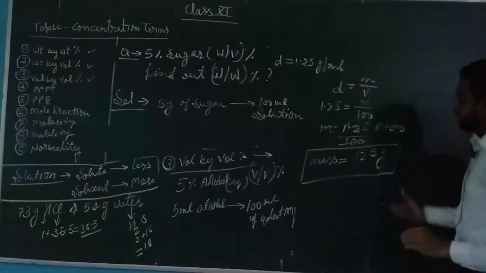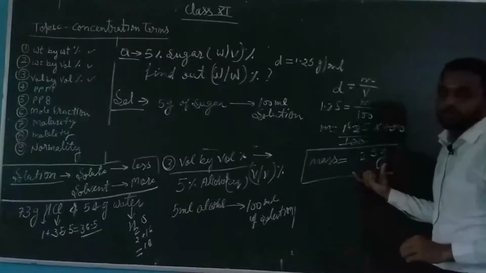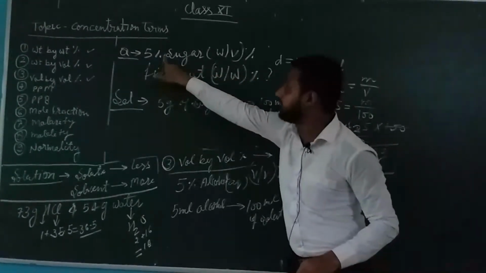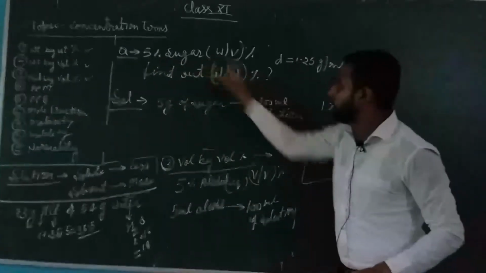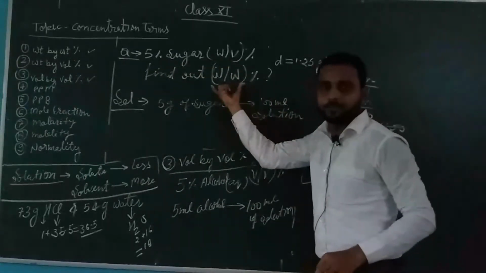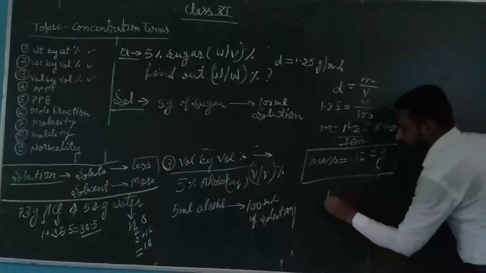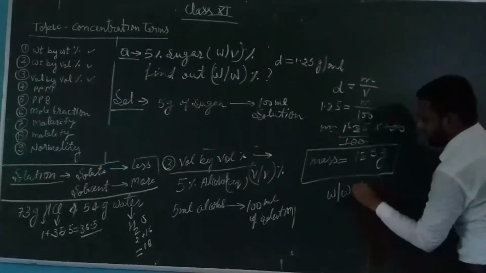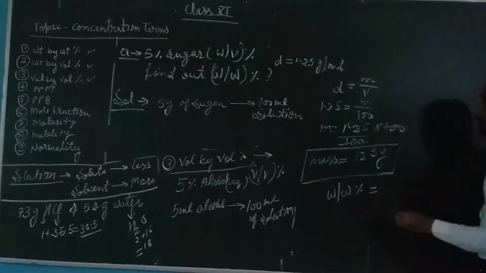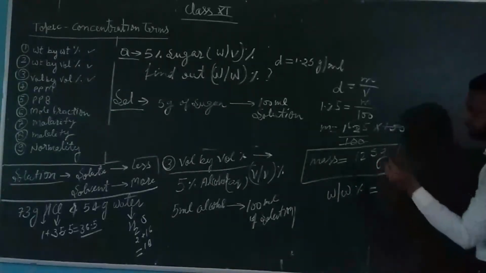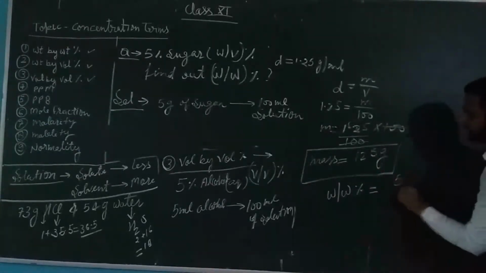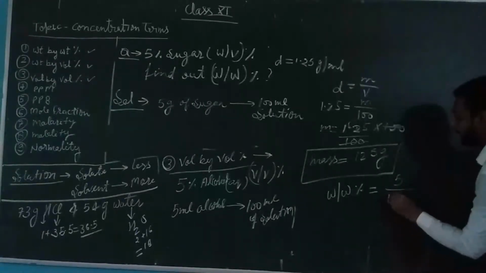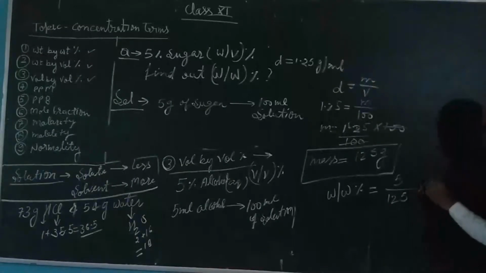Now we have the mass of solution, and also we have mass of solute. So by these two pieces of information we can find out the weight by weight percent, which is equal to mass of solute, 5 gram sugar, upon mass of solution, 125 gram, into 100.